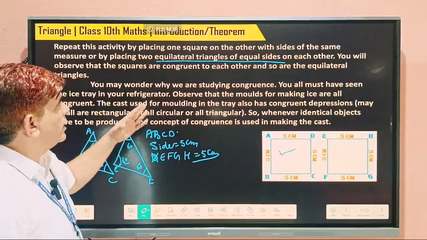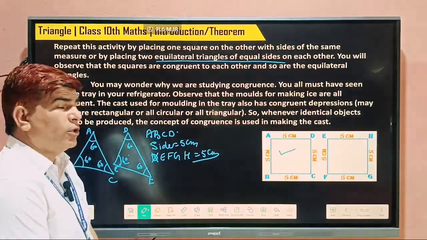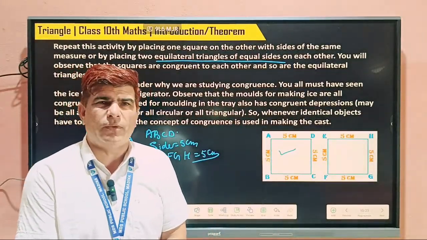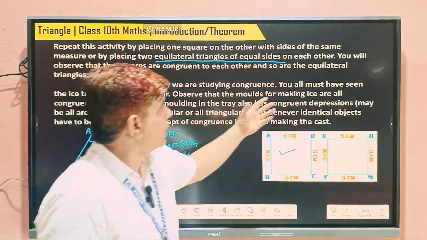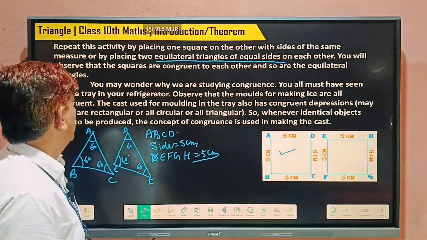Then it says you may wonder why we are studying congruence. It may come to your mind what the use of it is, what the benefit of congruence is. So I am telling the benefit in your daily life. You must have seen the ice tray in your refrigerator.